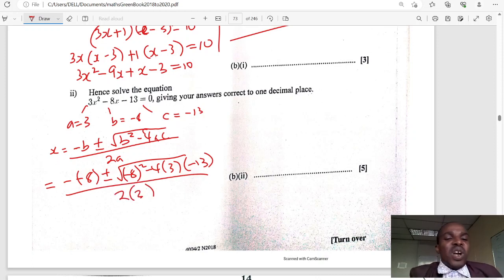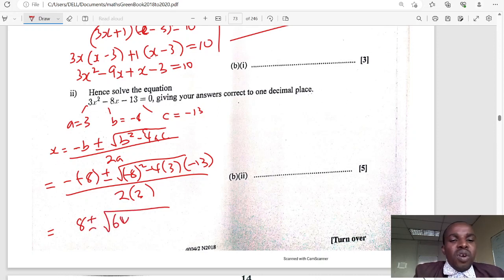Then you can make use of a calculator. 8 squared is 64. So it will be plus 8 plus or minus square root of 64, then minus and minus it will be plus 4 times 3 times 13. You get 156. Over 2 times 3 is 6.